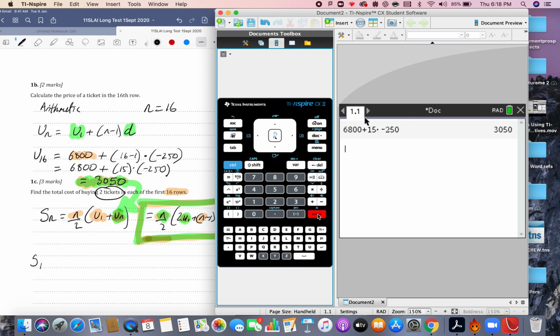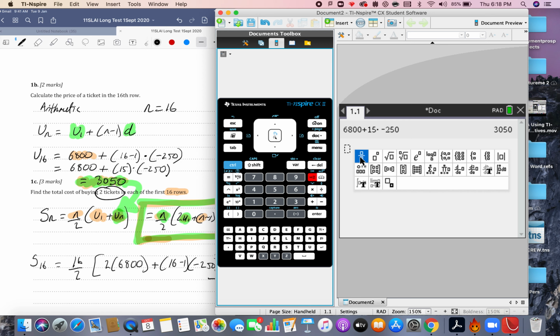So S of 16 equals 16 over 2 into 2 open bracket u1 plus n minus 1 times D. Remember that, negative. You can type that straight into your calculator like that, or you can play around with it. I'm just going to go exactly how it is. So I'm going to open my bracket here.